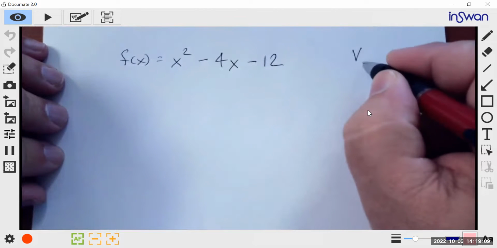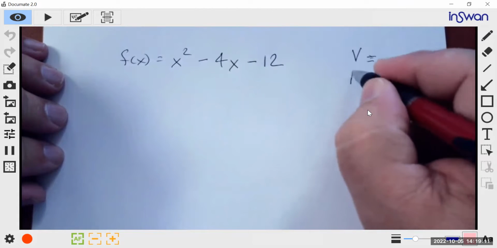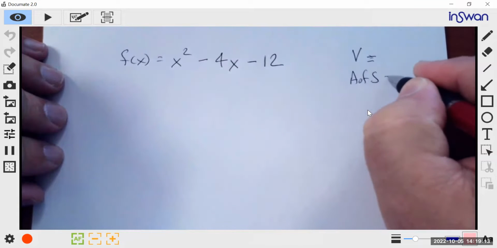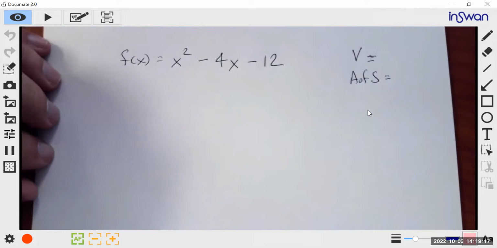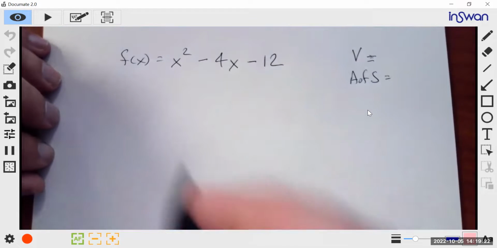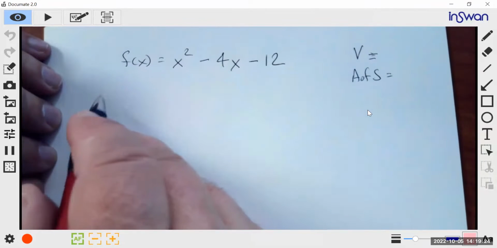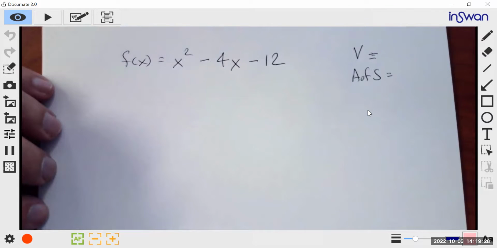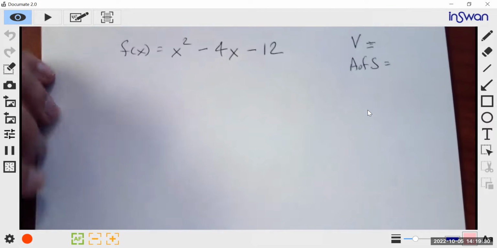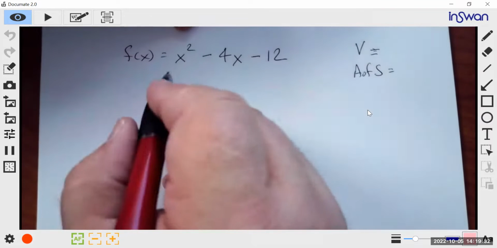Find the vertex and the axis of symmetry of both of these. Because we're going to do it both ways. We're going to do it in this form using the formula, and then we're going to put it into the complete the square method, the vertex form.